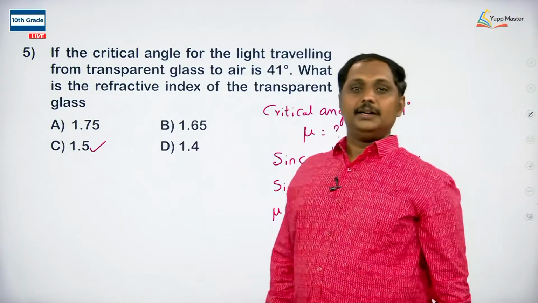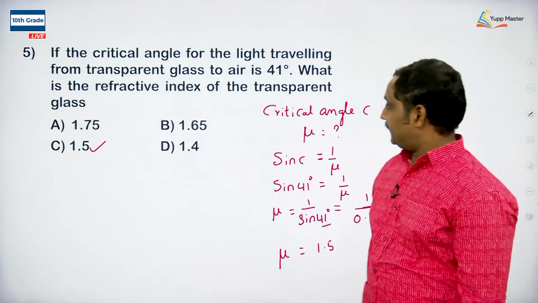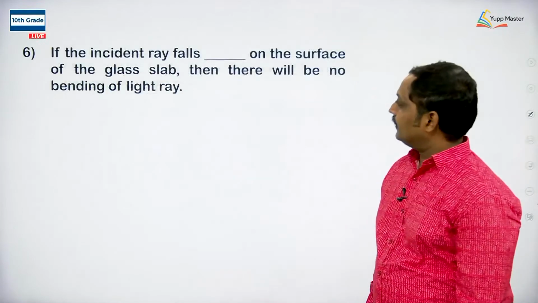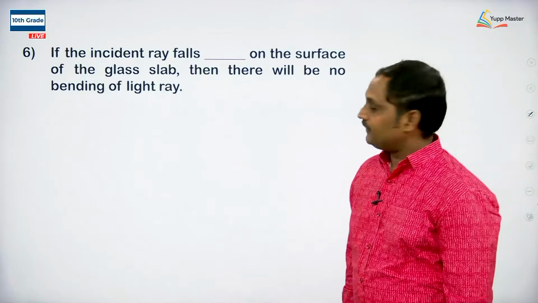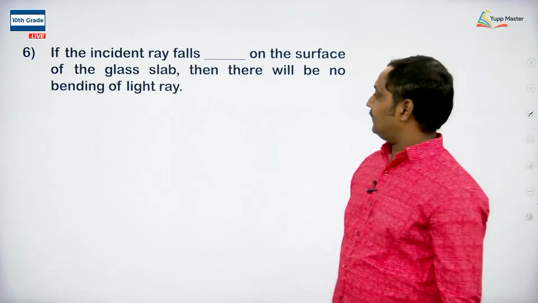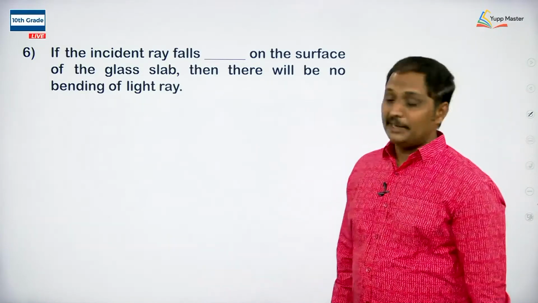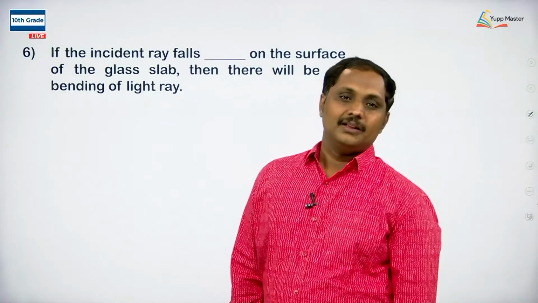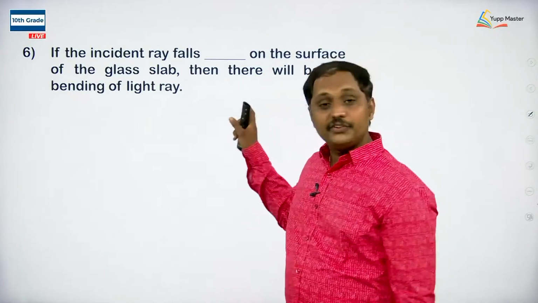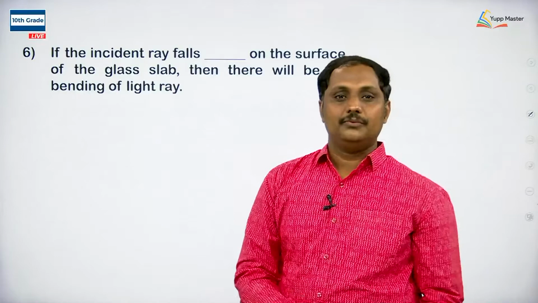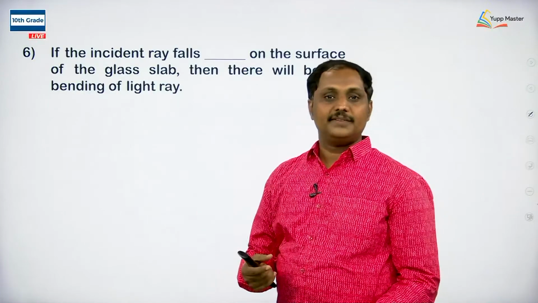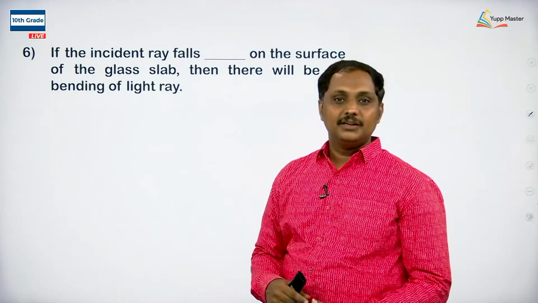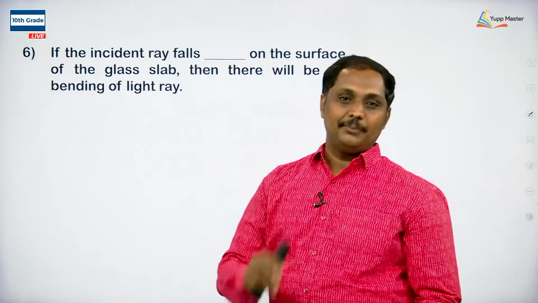Now, take the next problem. If the incident ray falls on the surface of the glass slab, then there will be no bending of the light ray. So, this is a good question to discuss the phenomenon of refractive index and density and the angle of incidence. 3 points we have to take.